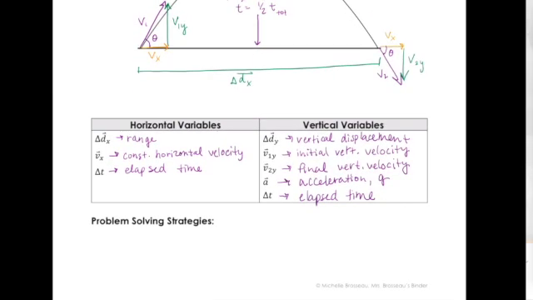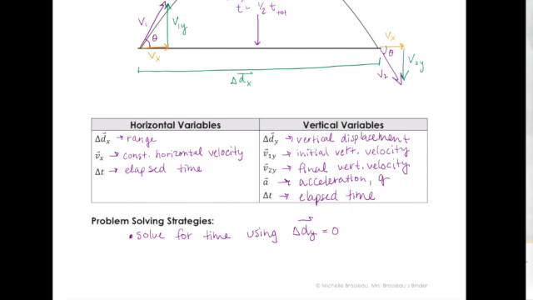To start, some of the problem solving strategies: solve for time using the displacement for y, the total vertical displacement, which is 0.